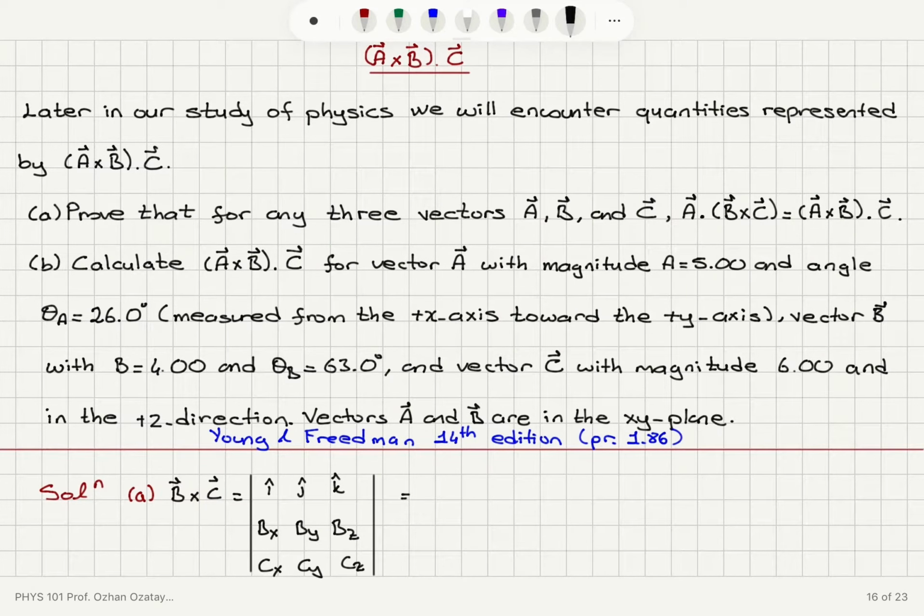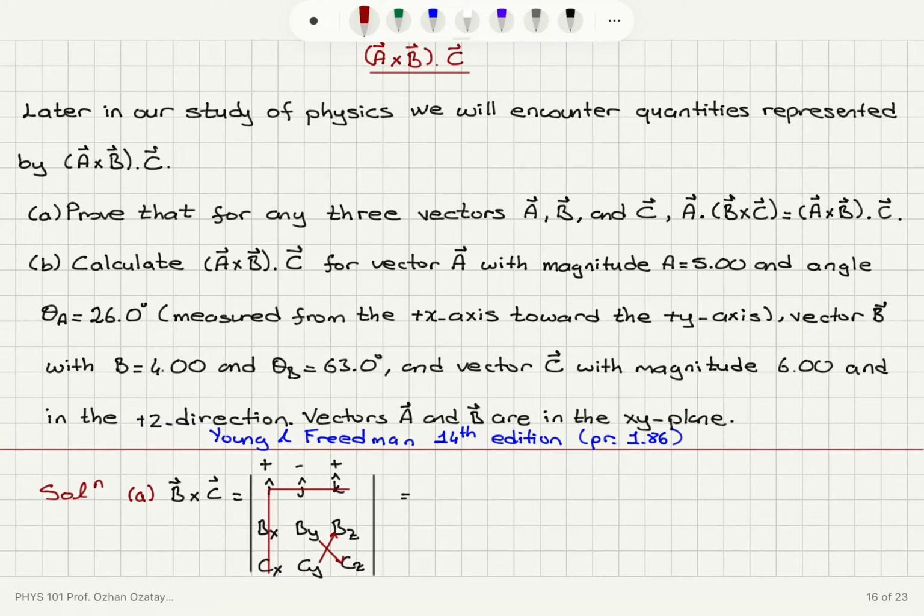If we evaluate this with respect to the first row, so plus minus plus, for plus i hat we have ByCz minus CyBz. So we would be crossing out the first row and the first column, multiplying By with Cz and Cy with Bz and subtracting these.